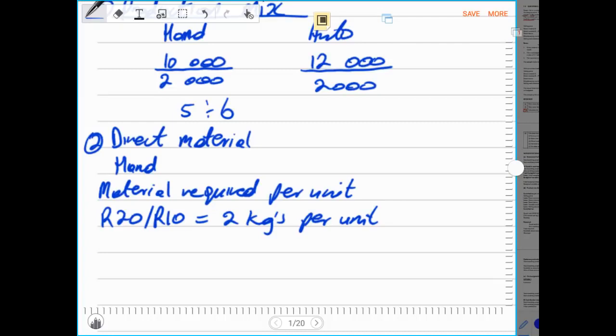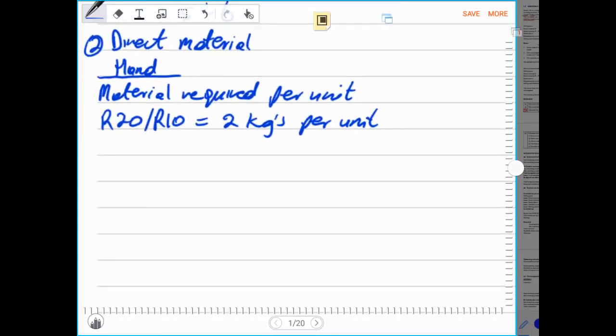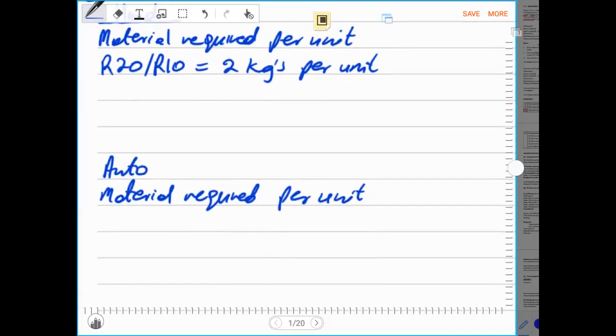So now we have covered the hand. Therefore, now we go to the auto washing powder. It's still under material, and I'll leave a space because I might need some calculations in the middle there. So now we will have auto washing powder, of which under auto I'm also looking for the material required per unit, meaning how many kgs do I need to complete 1 unit.